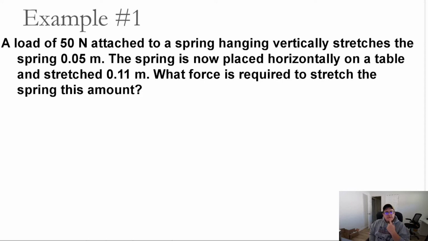Okay. A load of 50 newtons is attached to a spring hanging vertically, stretches the spring 0.05 meters. So let's draw a picture. So we got a spring hanging vertically, and it caused, let's see if I can draw the same spring. There we go. Try to do at least.